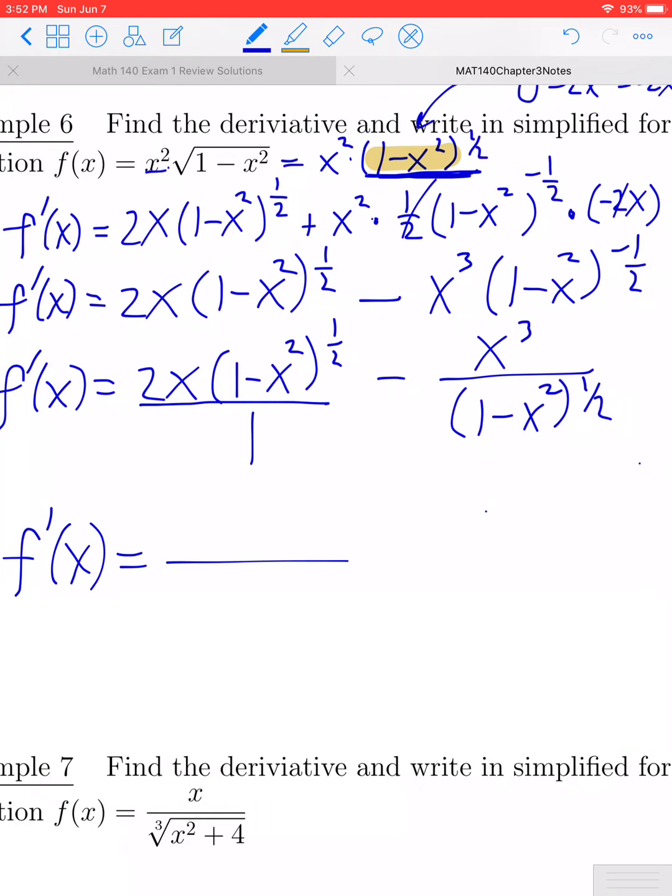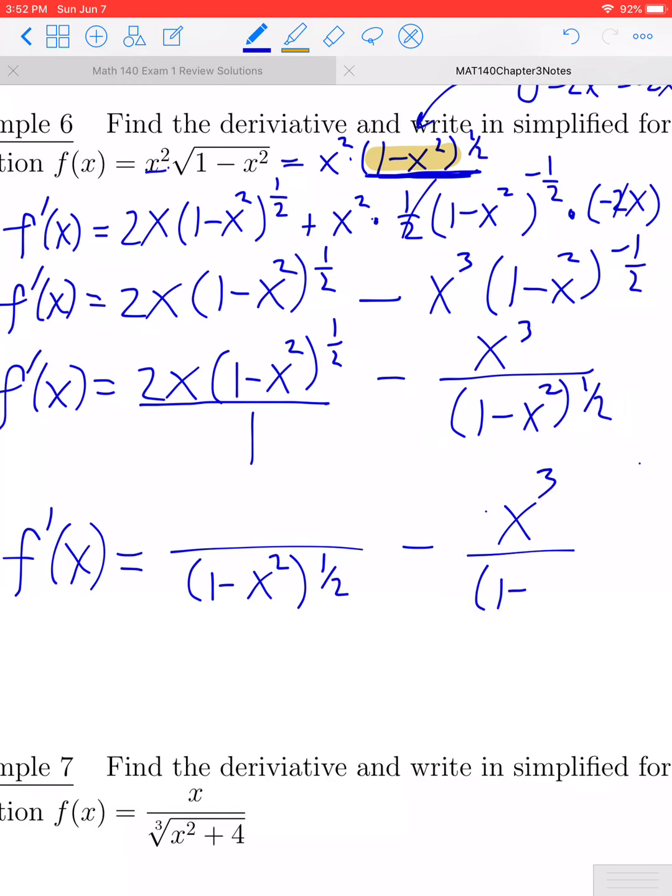Okay. Well, if we have terms of 1 and 1 minus x squared to the 1/2, the common denominator would be 1 minus x squared to the 1/2. This second function already has that common denominator, so there's nothing we need to do to the second fraction.